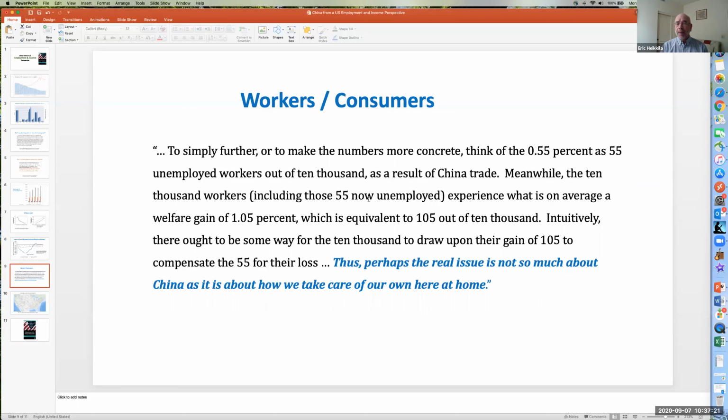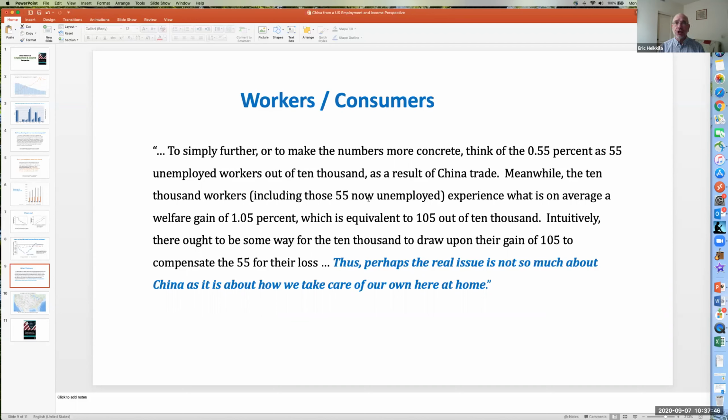Nonetheless, let's put that into perspective. 55 out of 10,000. And as we've seen, there is some capacity for the economy to reabsorb those 55 workers elsewhere. Meanwhile, we've got this gain in terms of purchasing power that's equivalent to 105 out of 10,000.